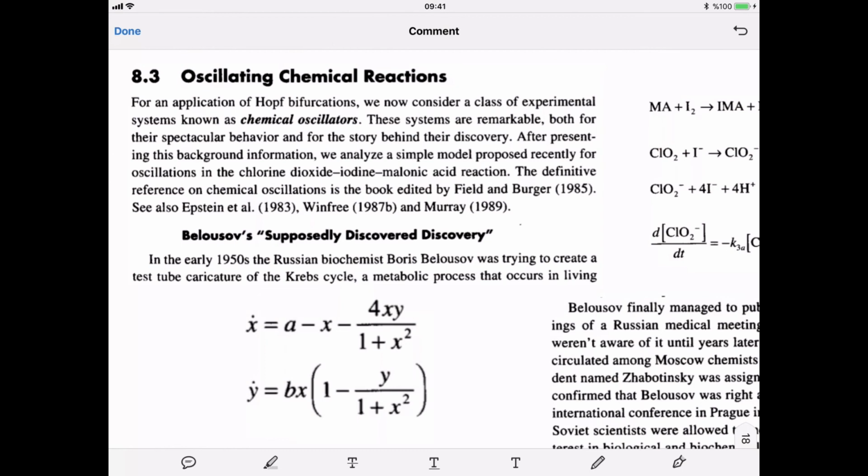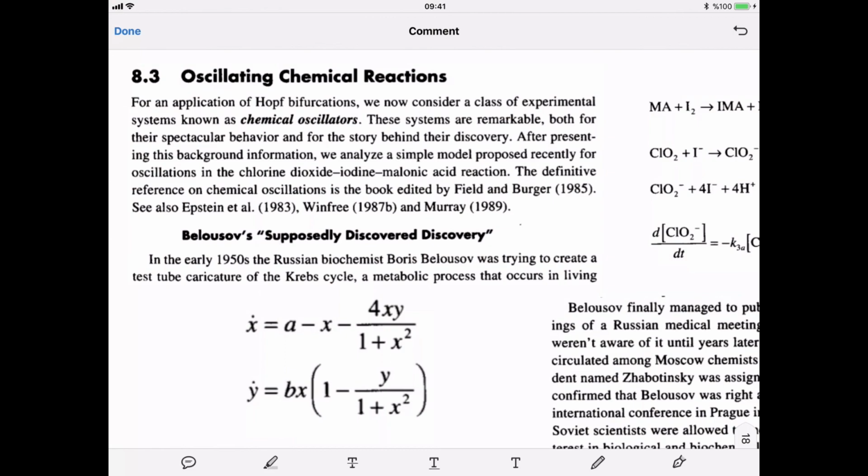Zhabotinsky confirmed that Belousov was right all along and brought his work to light at an international conference in Prague in 1968, one of the few times that Western and Soviet scientists were allowed to meet. That's the answer to your question also. Well, nowadays we know this reaction as the Belousov-Zhabotinsky reaction, right?